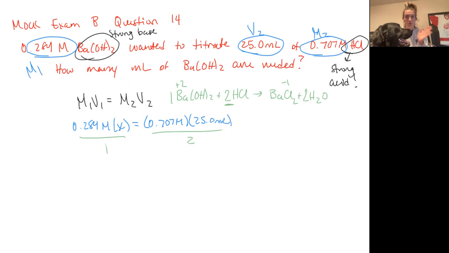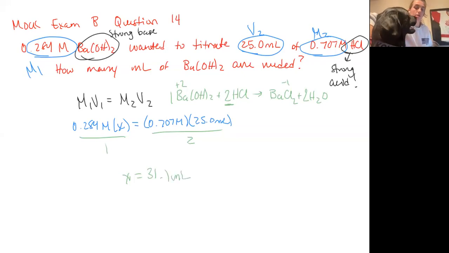If you have to do that with 2 to 3 or 1 to 4, as long as you use the reciprocal, your moles will balance out. Okay, so if you do it this way, then you do end up getting 31.1, if I remember correctly.